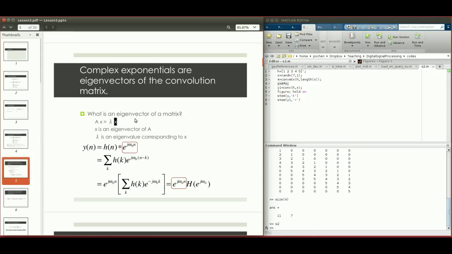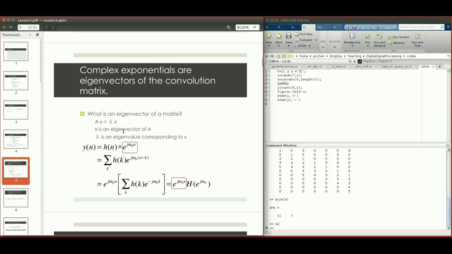And the eigenvector is this kind of vector that provides this very nice property, right? So if you multiply matrix A with a vector x, and the result can be expressed using a scalar lambda times the same vector x, then lambda is called the eigenvalue and x is called the eigenvector. So x is an eigenvector of A and lambda is the eigenvalue corresponding to x.